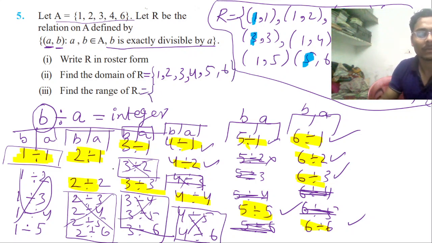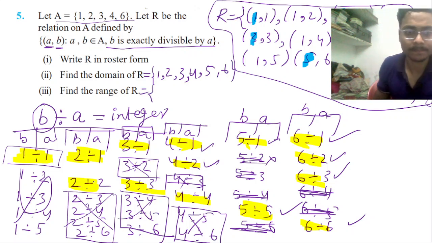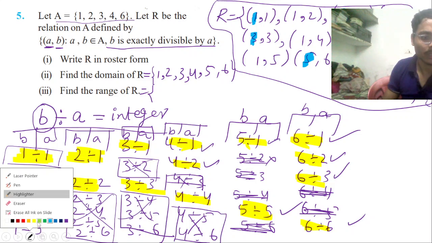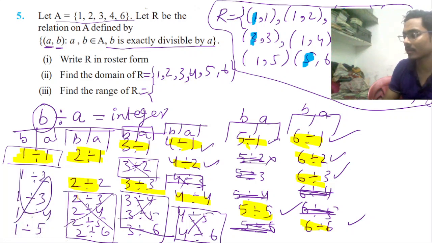Now if you try to find out the range of this set, so what is range actually? Range is the set of second elements. Okay, so the second elements in the relation: 1 2 3 4 5 6.